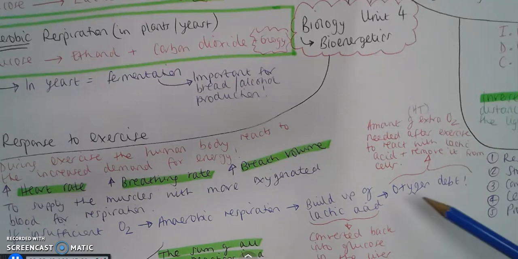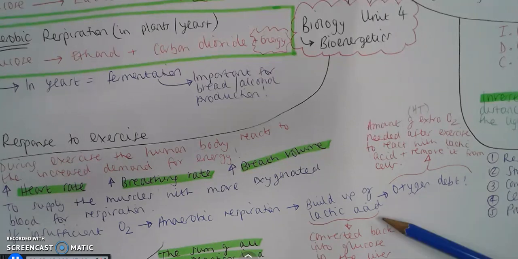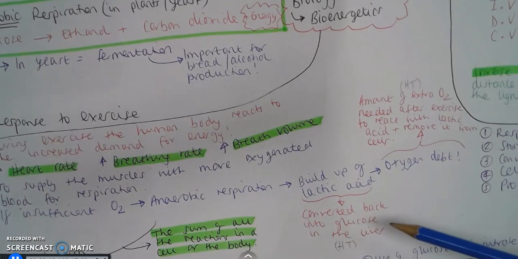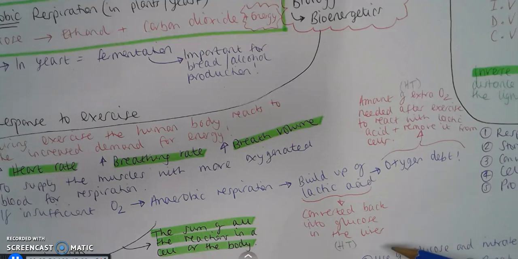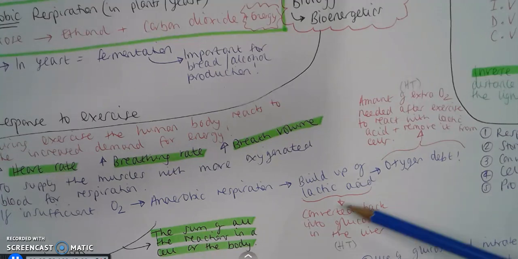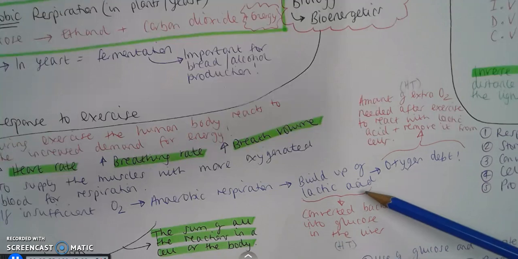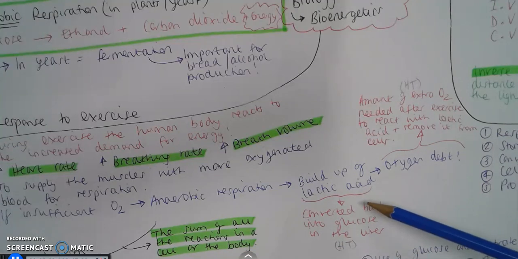For higher tier students, we need to understand what's actually going to happen as a result of this lactic acid buildup and this oxygen debt. So with regard to the lactic acid, that actually is converted back into glucose eventually in the liver. So that's really important, obviously, because that needs to be broken down because it creates cramps and things like that once you've exercised.